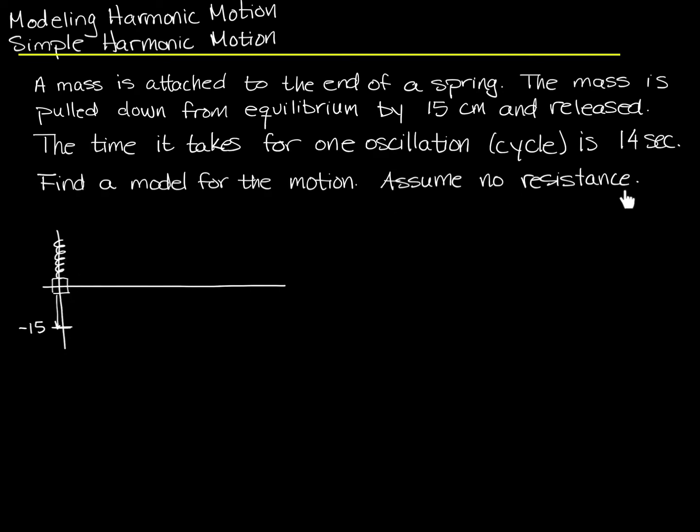And because there's no resistance, it'll keep doing that forever. Let's go ahead and draw that in. We would have something that looks like this. Now, I've pulled the spring down by 15 centimeters before I begin. That means it's going to go up to 15 centimeters before it drops again. So we're working here with an amplitude of 15.